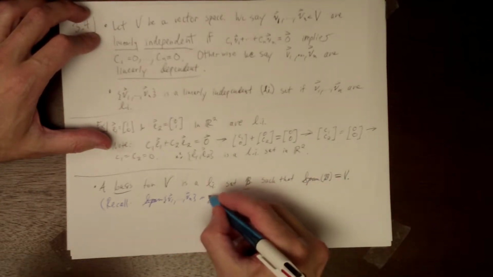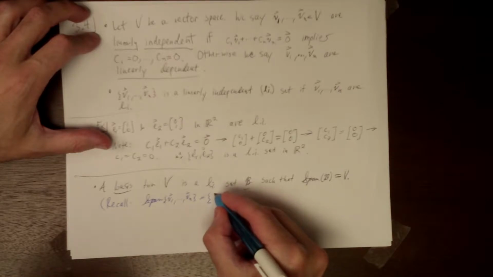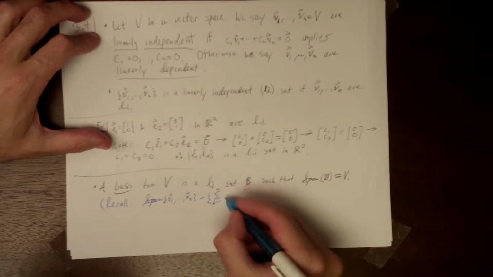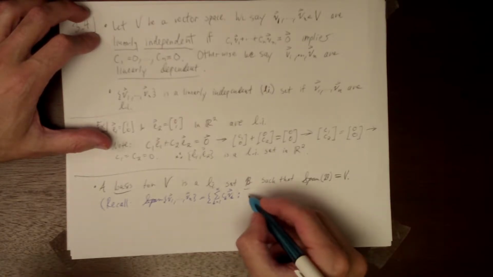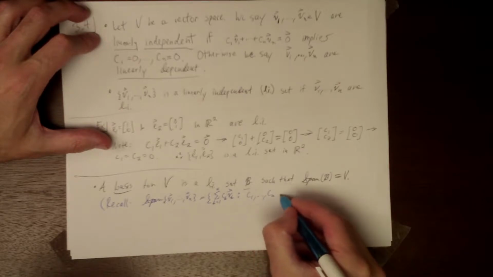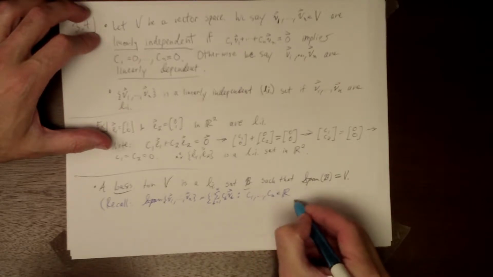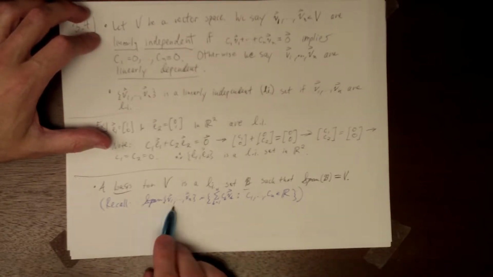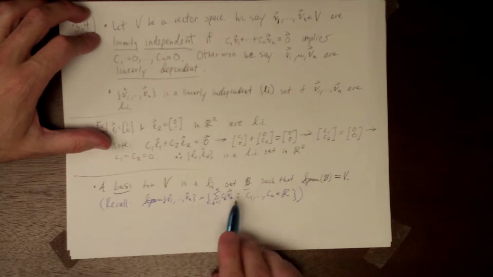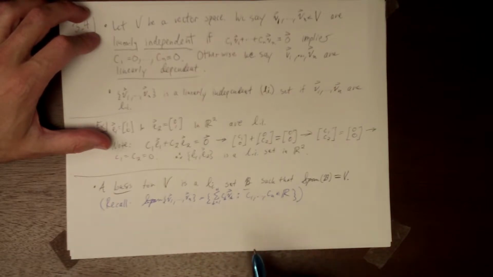So it's the set which is the sum k from 1 to n of ck times vk such that each ck is a real number. C1 up to Cn, they're all elements of the reals. That is to say that the span of the set of vectors V1 through Vn is the set of all the possible linear combinations of the vectors V1 through Vn.